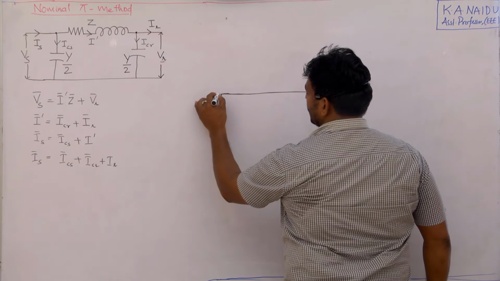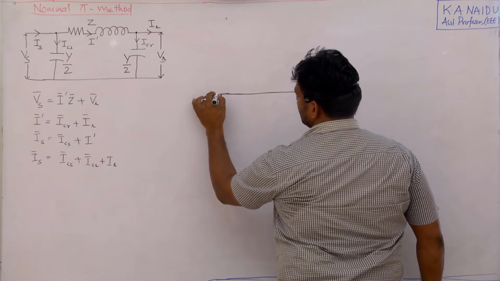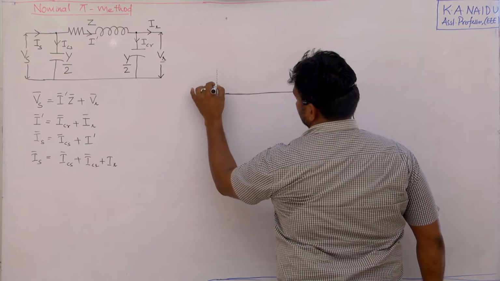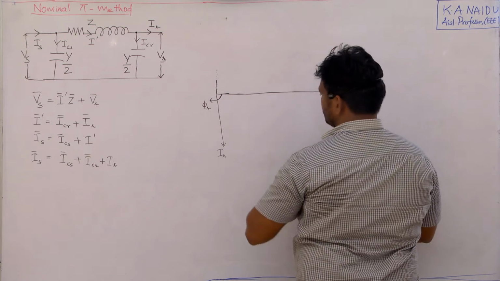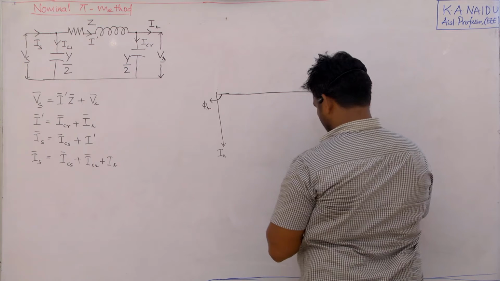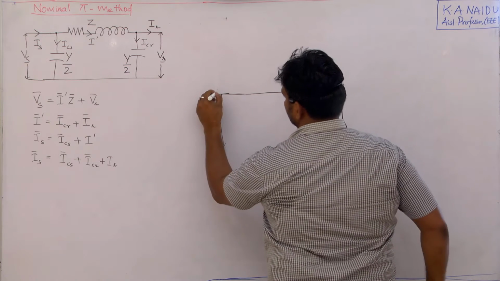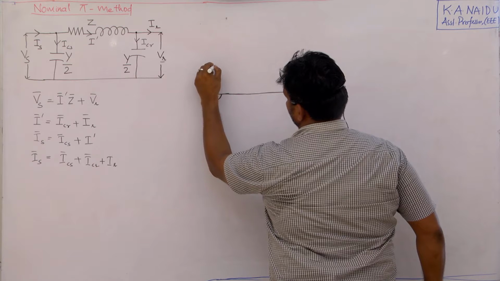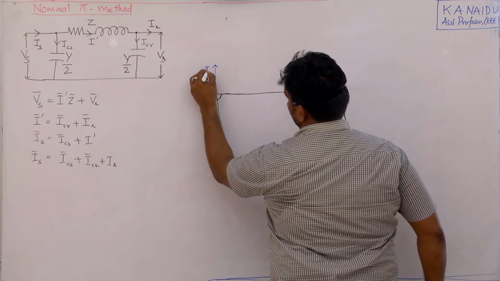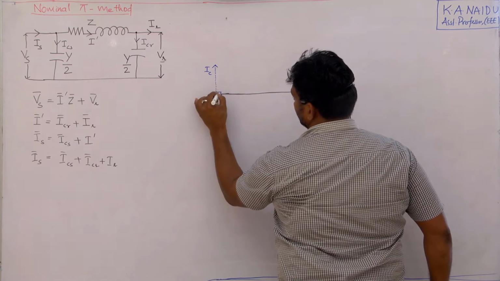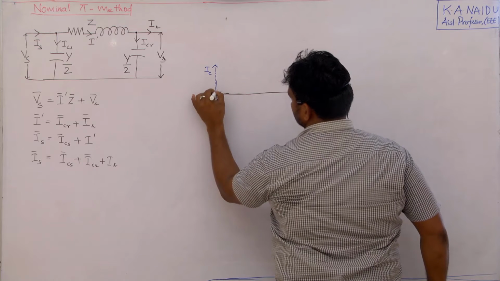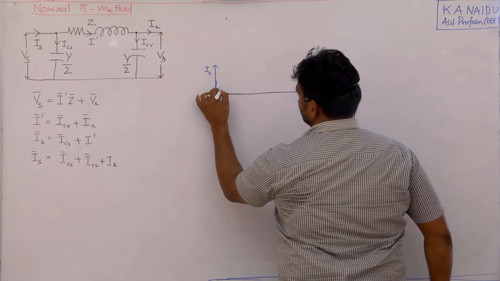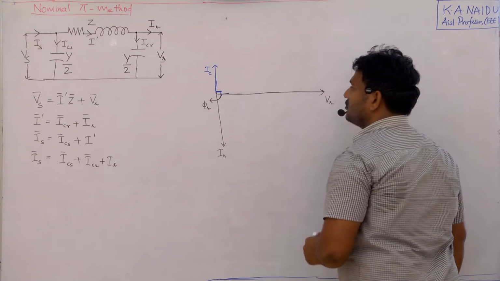So with respect to reference, you draw a current IC perpendicular to VR. This is current IC perpendicular to VR.